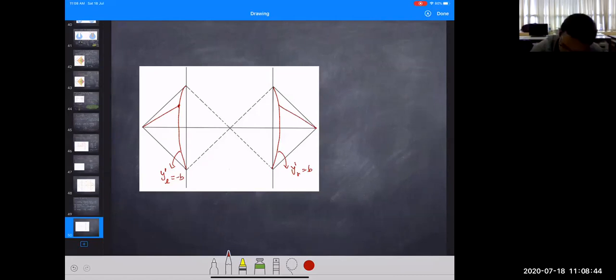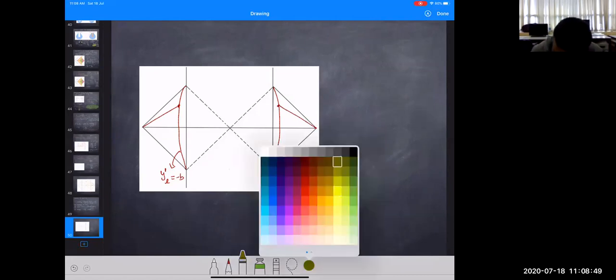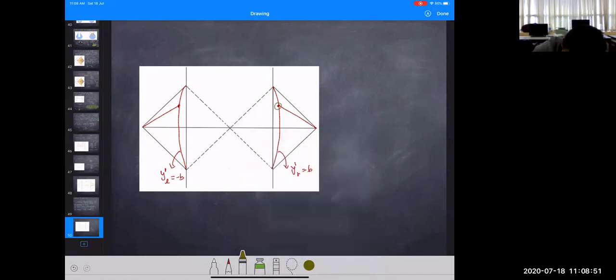So these points here: in the yr coordinates, this point is t comma b, and in the yl coordinates, this point is t comma minus b.